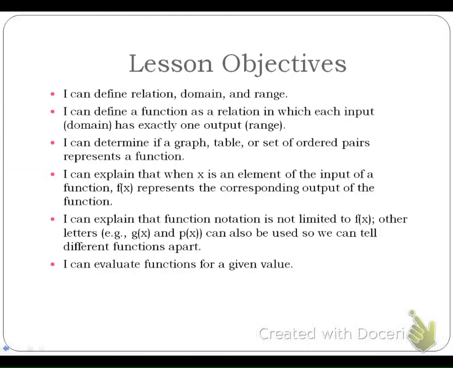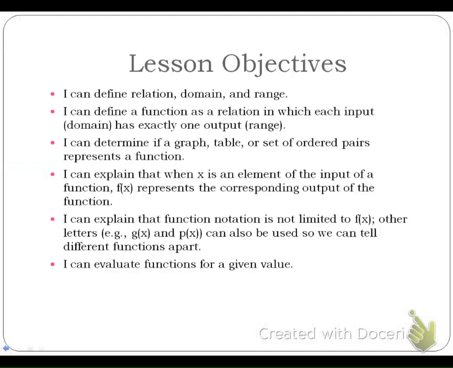Because it's the first lesson in this unit, we do have quite a bit of vocabulary. You'll need to know the definition of relationship, domain, and range and be able to identify those terms when you see them. One of the definitions is of a function, which is a relationship in which each input, or another word for input is domain, has exactly one output, or what we call range.